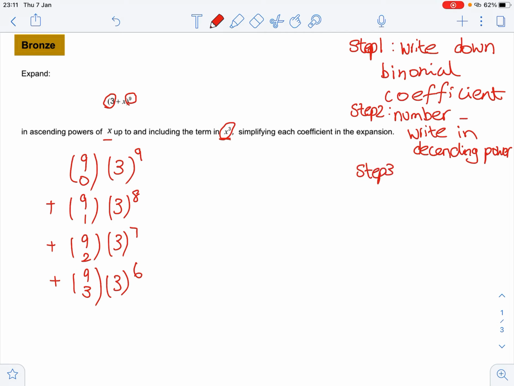Then step 3. We're going to write the x term in ascending power.